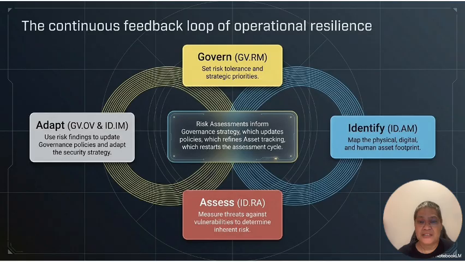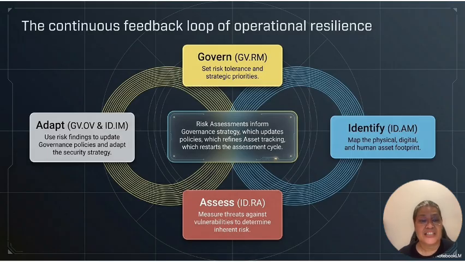So that means when we continuously do this process, we tell our governance, we tell our internal audit, right? What we need to update in our policies, how we're tracking our assets, and then it continues over and over, right? So, risk assessment is continuous. Everything that we do has a risk assessment component, right? When we do something, when we fix something, we also have to look into our risk treatment plans, right?